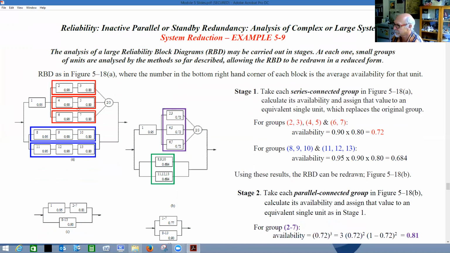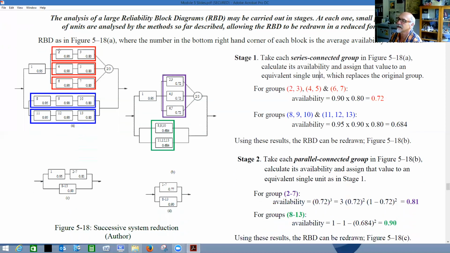So the first part of the process is that we look at the things here in series. And look, they've got exactly the same values: 0.9 reliability, 0.8, 0.9, 0.8, 0.9, 0.8. So if we go through with those series connections, we can reduce units 2 and 3, units 4 and 5, and units 6 and 7.